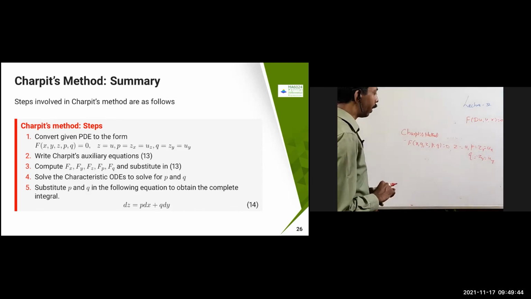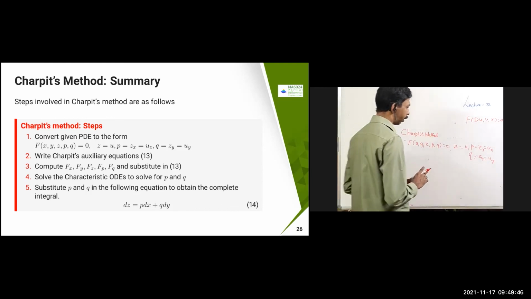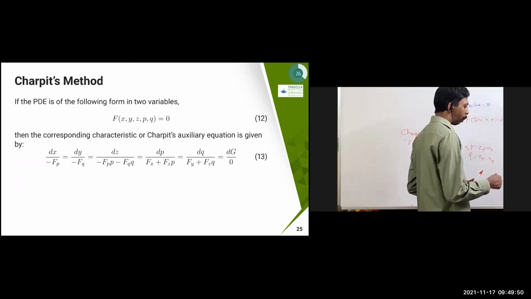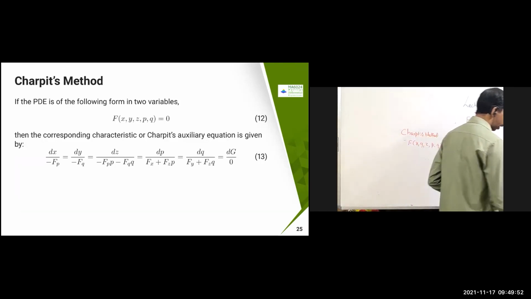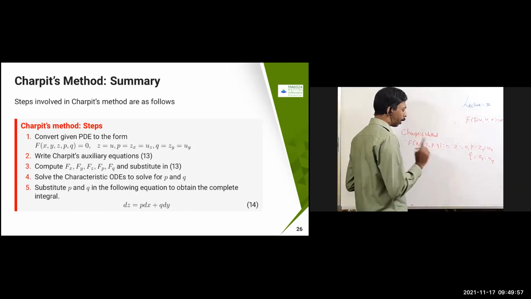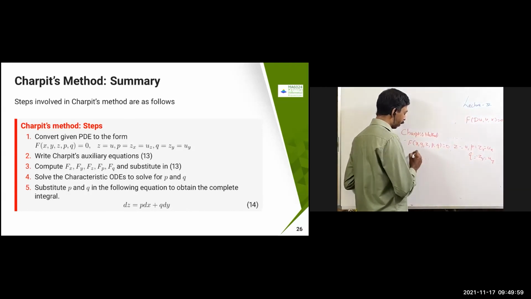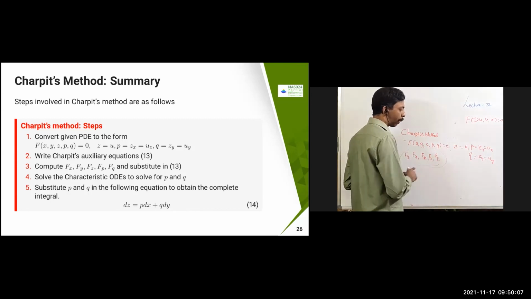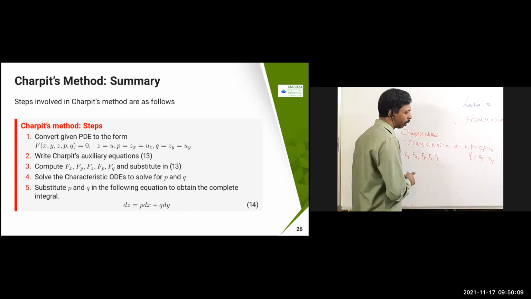Okay, so write the Charpit's auxiliary equation. That means you have to write this equation: dx by minus fp, dy by minus fq, dz by minus fp p minus fq q, and so on. Then you compute from that. For that, you require fx, fp, fy, fz, fq. All these things you have to obtain, and then substitute in equation 30.